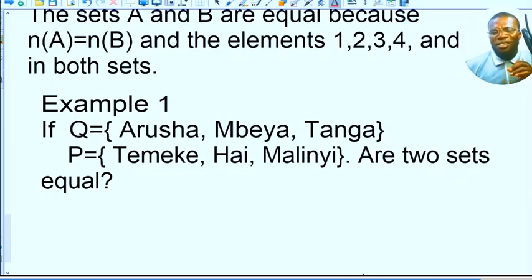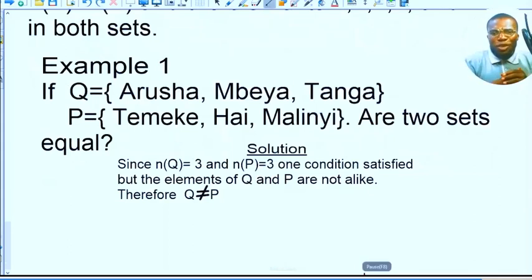Let me write it down. For better understanding of equal sets, we need to learn simultaneously with unequal sets. So we must also understand the other side of equal sets, which is unequal sets. For instance, according to this example, since the number of elements of set Q and P are equal, the first condition is satisfied, but the elements are not similar.